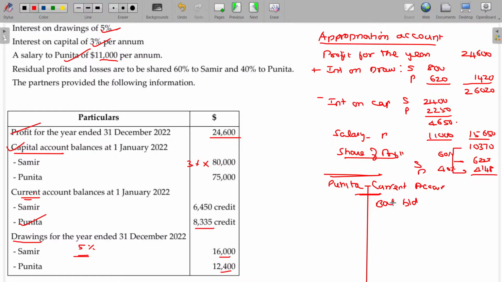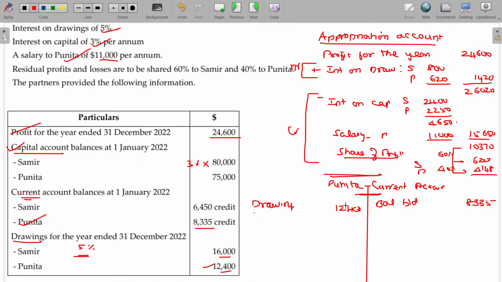Whenever you prepare the current account, the opening balance should be posted here. Don't forget to immediately post the drawings on the other side, otherwise you will miss. Drawings for Punita being 12,400, and this value will come in the debit side. These values are going to be posted on the credit side.